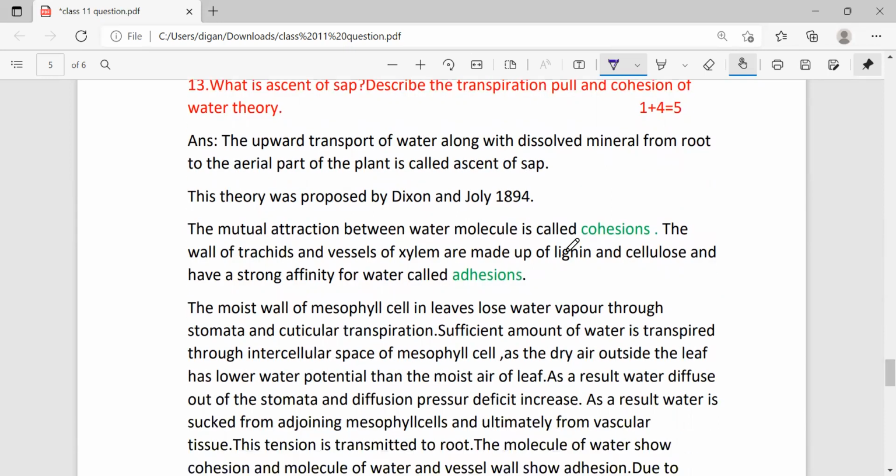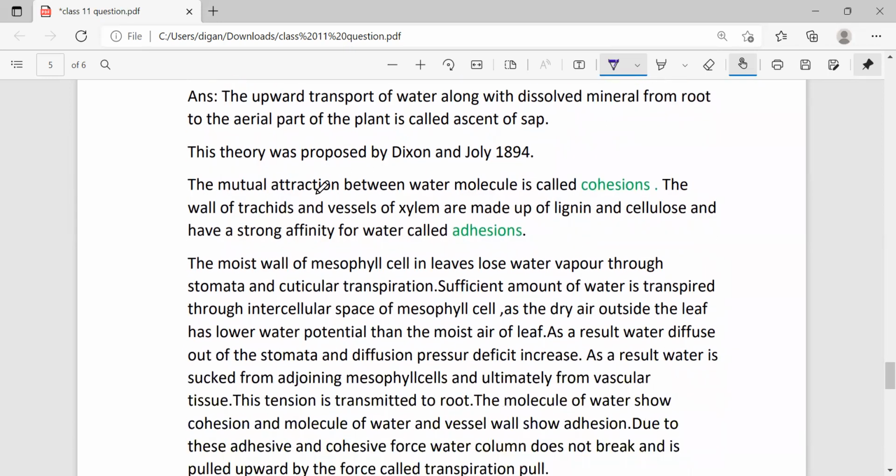Now come to the theory. The mutual attraction between water molecules is called cohesion. It means each water molecule has an attraction to the others, and due to that they can move upward. Then the walls of the tracheids and vessels of xylem: we know that water flows with the help of xylem vessels, whereas mineral nutrition flows with the help of phloem.